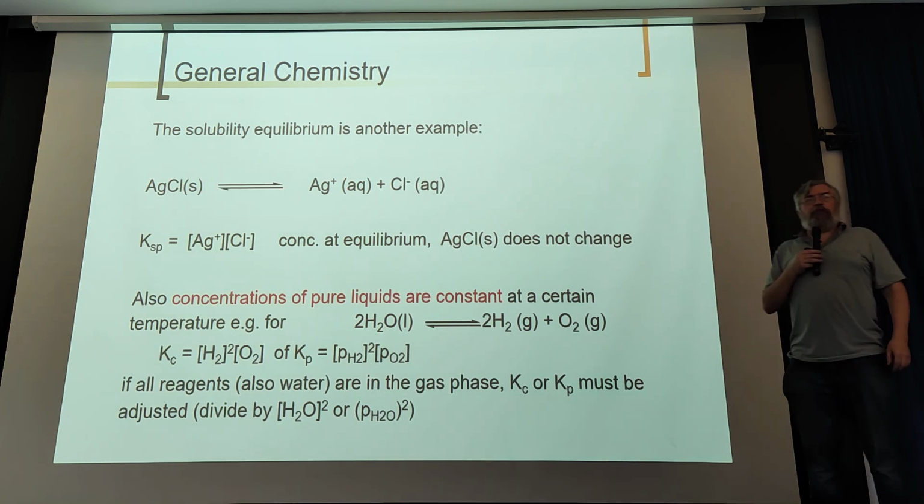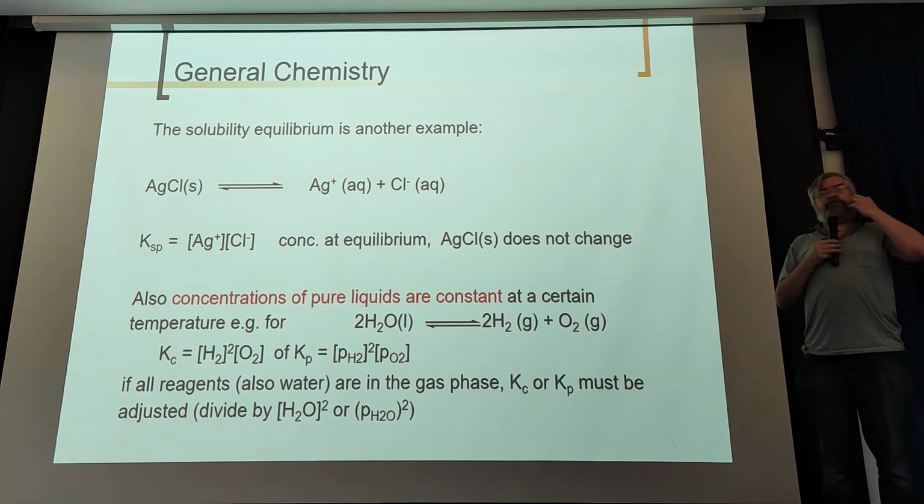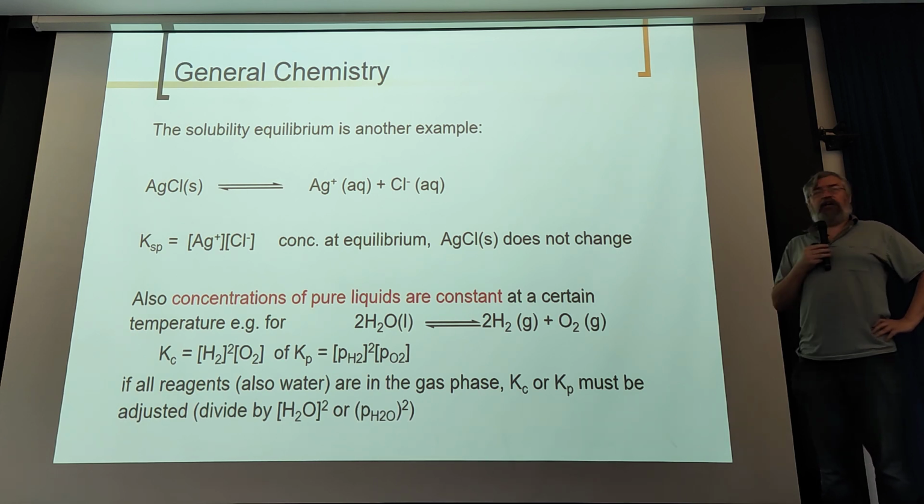To give another example where there is a heterogeneous equilibrium, and we'll treat it much more in chapter 15: that's the solubility equilibrium. A poorly soluble compound like silver chloride is splitting partially into silver cation and chloride anion.